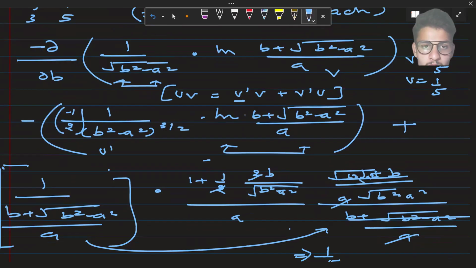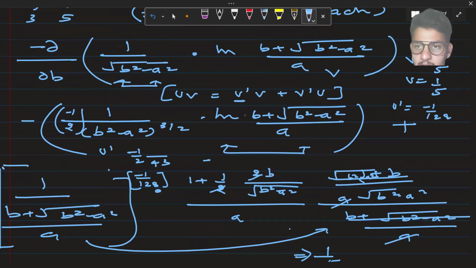So what is the value of it? You will receive something like minus 1 by 2 into 4 cube, so it is minus 128. This is what u dash is equal to, minus 1 by 128.